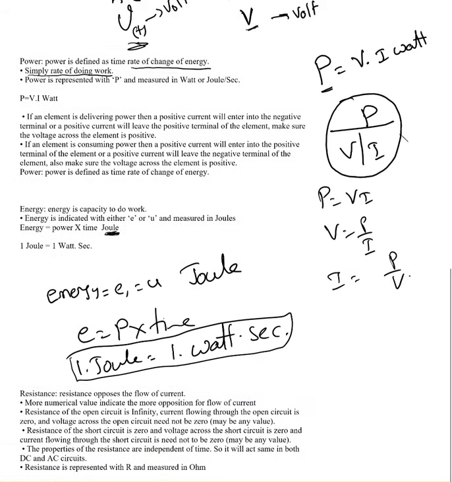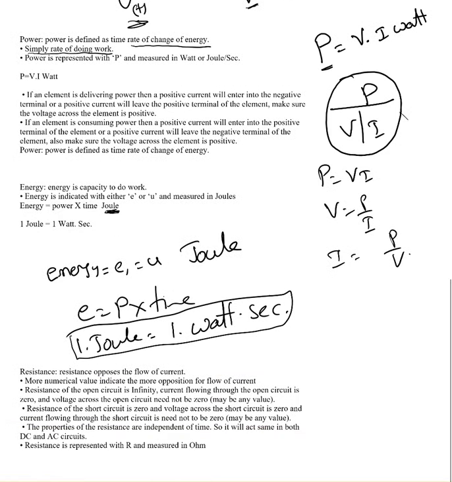If you remember, your electricity bill comes in kilowatt hour, right? Can I write 1 kilowatt hour equal to 1000 watt times 1 hour, and 1 hour is nothing but 3600 seconds.